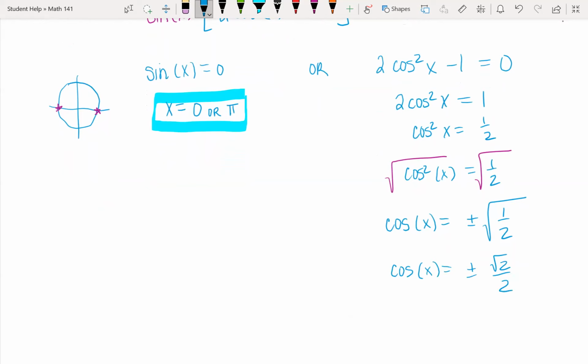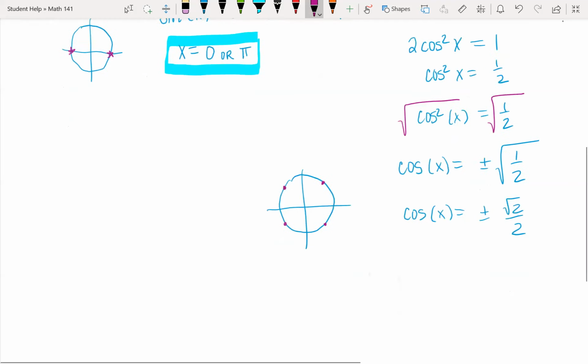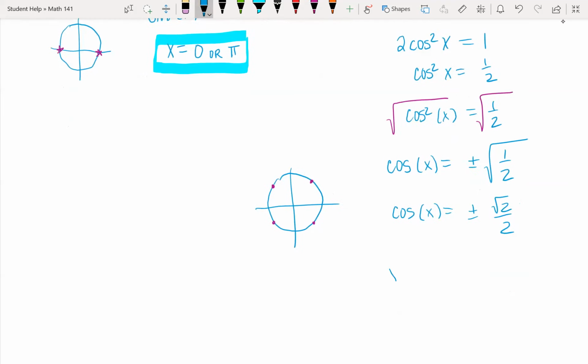So for these values, we are thinking about positive root 2 over 2 is either here or here, and the negative root 2 over 2 is over here or here. So the solutions here are x equals pi over 4, 3 pi over 4, 5 pi over 4, or 7 pi over 4.